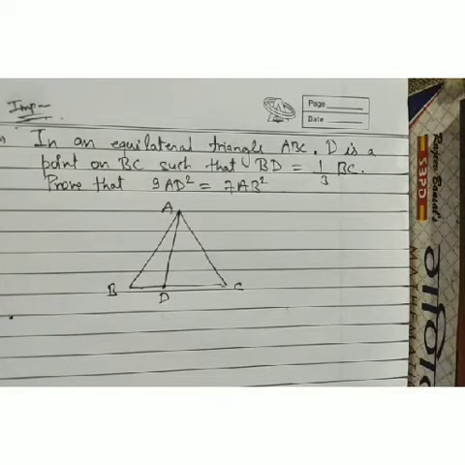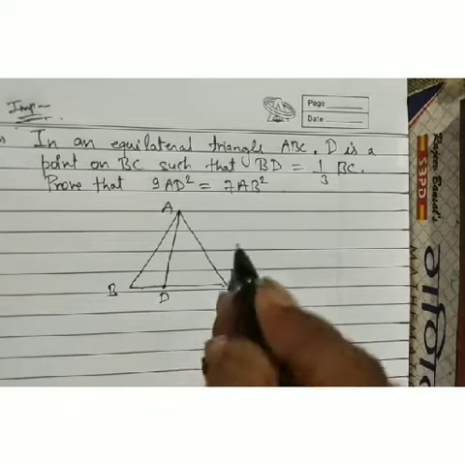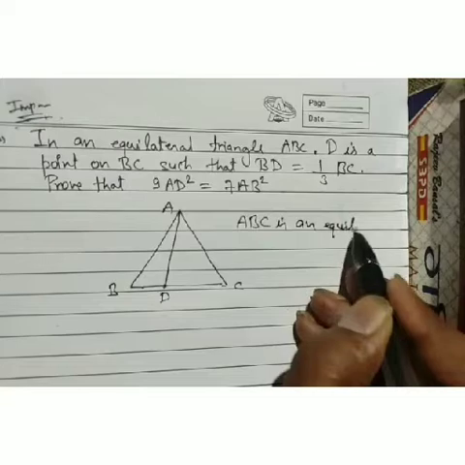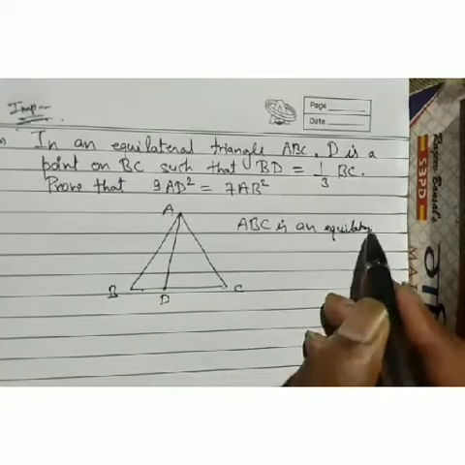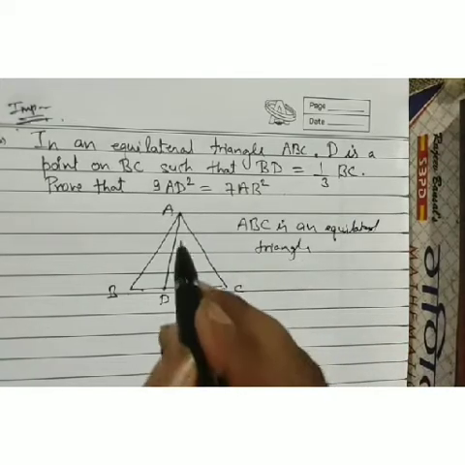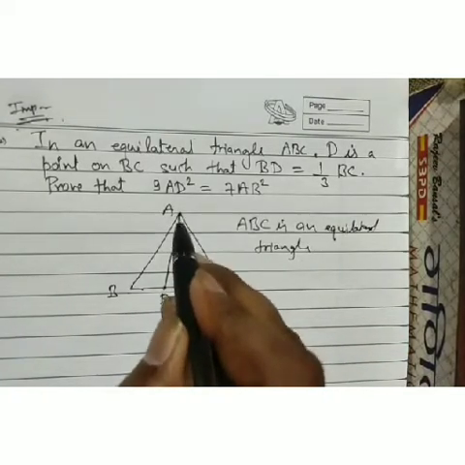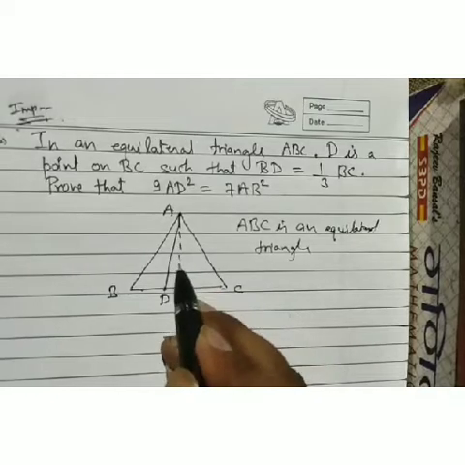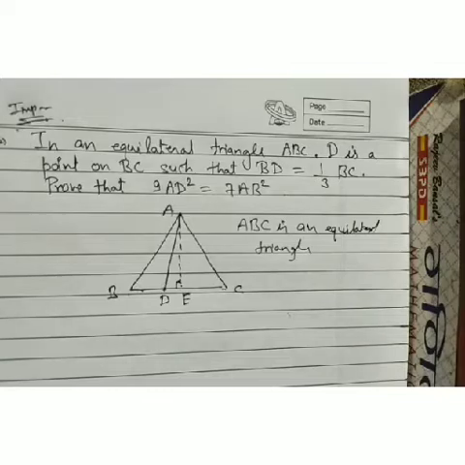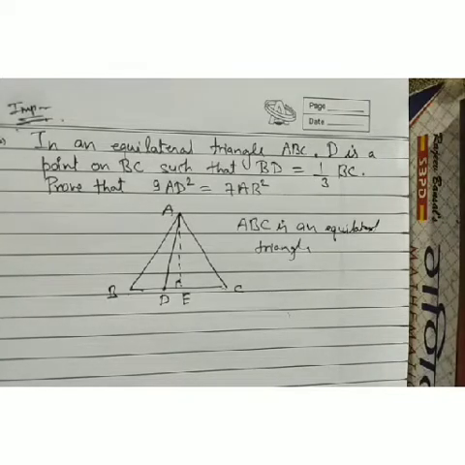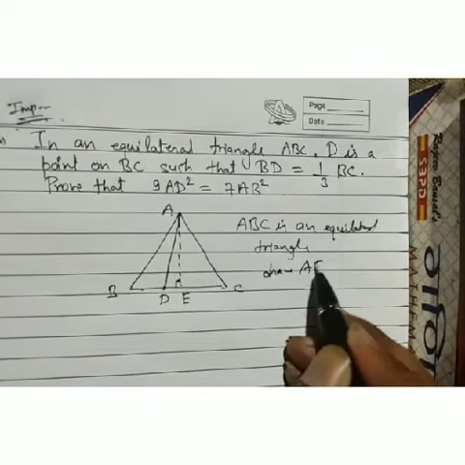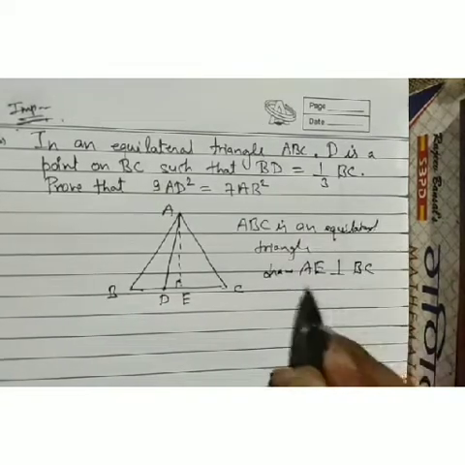Since we are given that ABC is an equilateral triangle, we draw a construction from A. We draw AE perpendicular to BC.